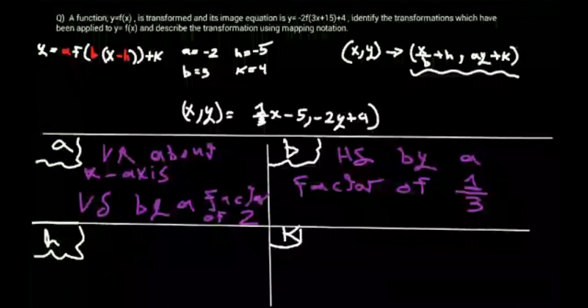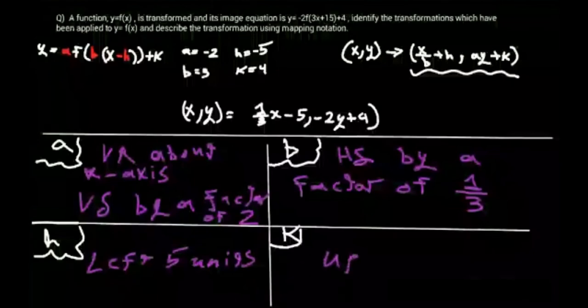So we see that h is negative 5, so we say left 5 units. And for k, it's positive 4, so we say up 4 units. For h, you might want to say it's translated horizontally to the left 5 units. And for k, you might want to say it's translated vertically up 4 units.